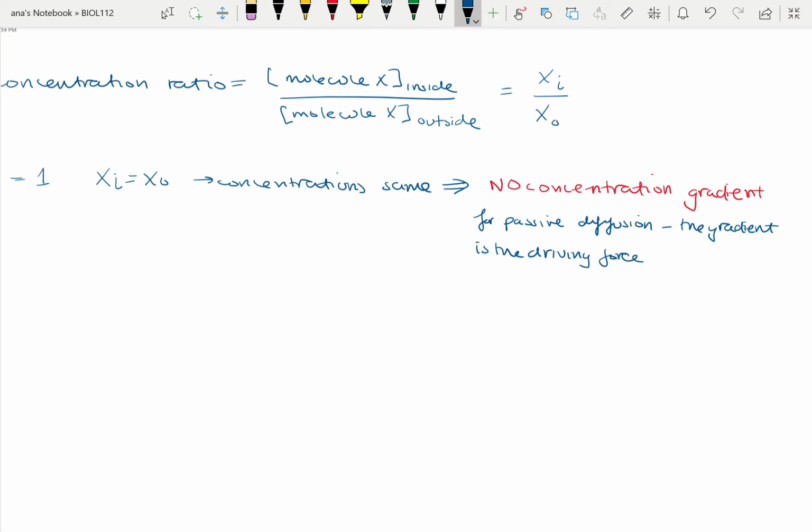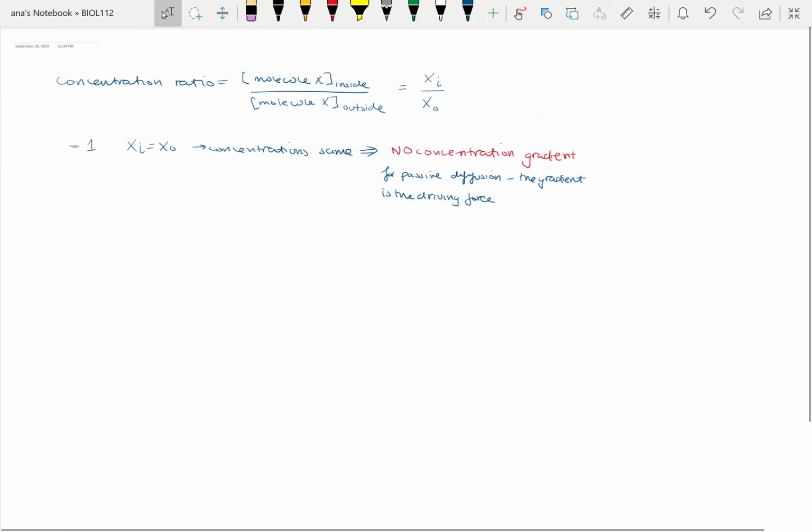So if we don't have that gradient, there is no gas in your car, nothing is really going to make things move in such a way that concentrations are going to equal out. You're not going to have everything suddenly moving inside the cell or everything suddenly moving outside of the cell, because that wouldn't make sense. There isn't that driving force.